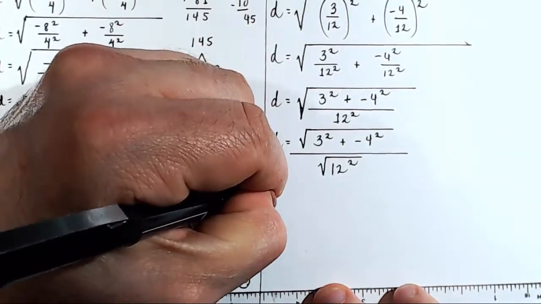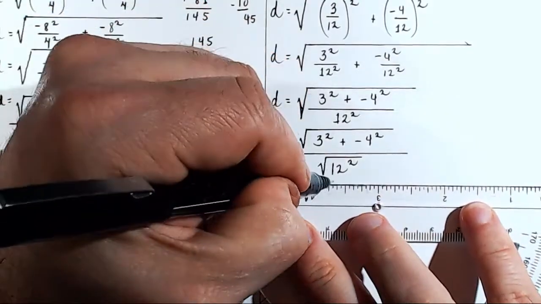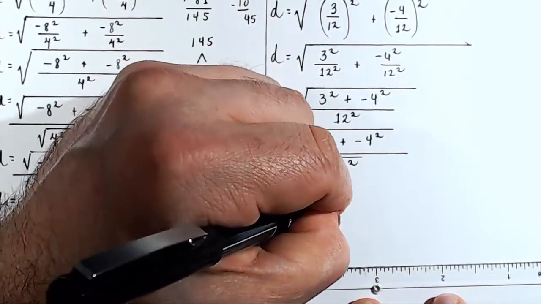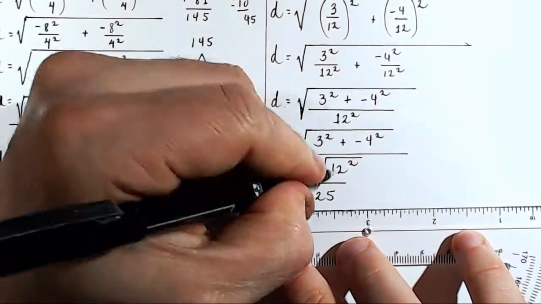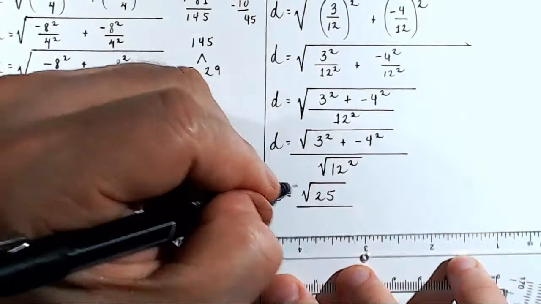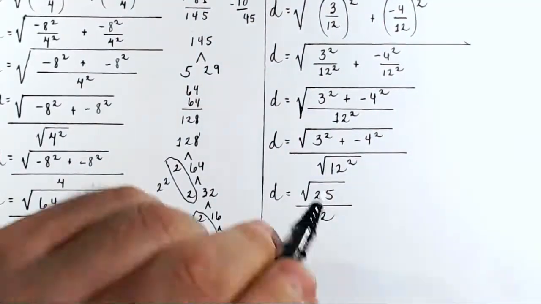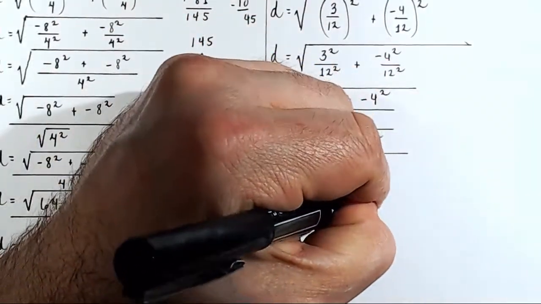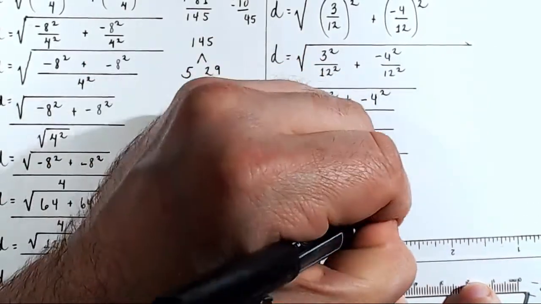So I can rewrite this as D equals the square root of 25 over 12. Well, the square root of 25 is 5. So D equals 5 twelfths.